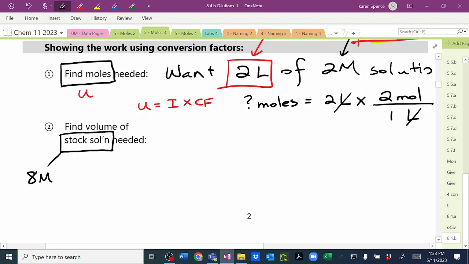What should we do with 8 molar? We should rewrite it as 8 moles per liter. Once we've done that, then we can use it as a conversion factor.